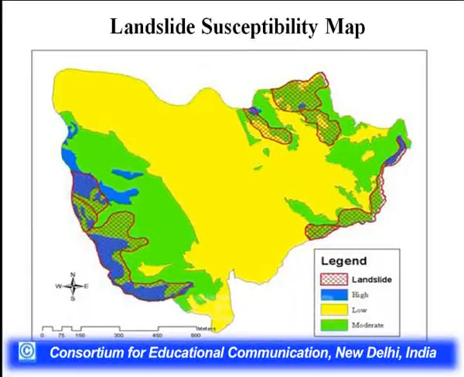Here you can see the landslide susceptibility map, where we have high, low, moderate, and you can find a very close relationship between land use and road construction also. In the Himalaya, what happened?